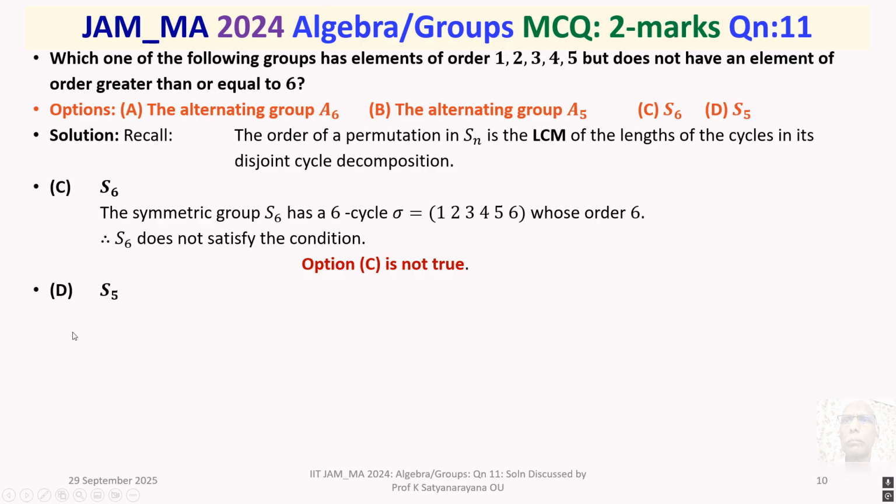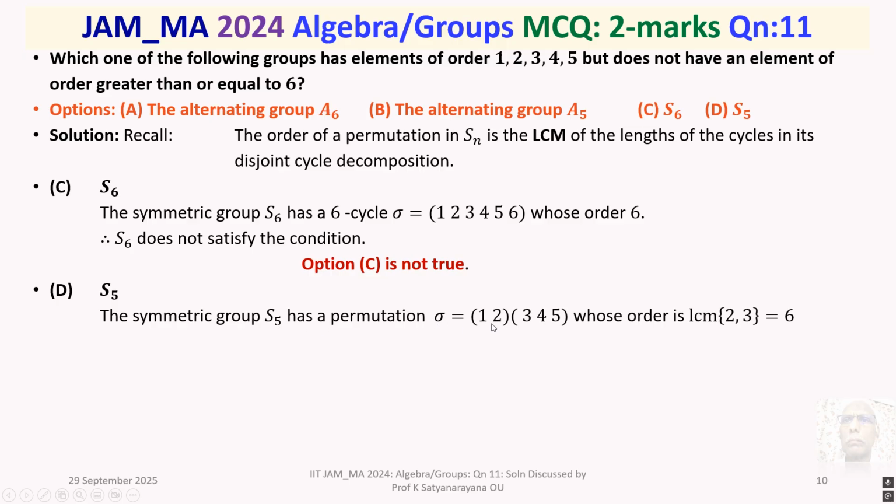We take option D, S5. Now, we can think of a permutation in S5 consisting of the product of 2 cycles. The first cycle has length 2, the second cycle has length 3, and they are disjoint cycles because 2 plus 3 is 5, which is a partition of 5. So the symmetric group S5 has a permutation sigma equal to the transposition (1 2) and the cycle of length 3, (3 4 5).